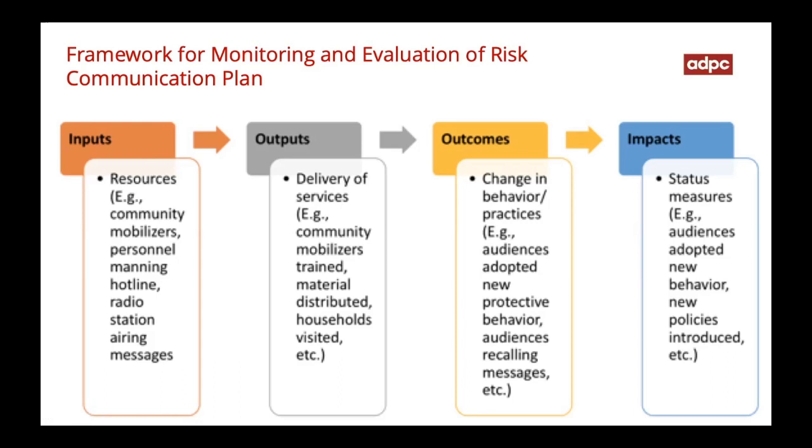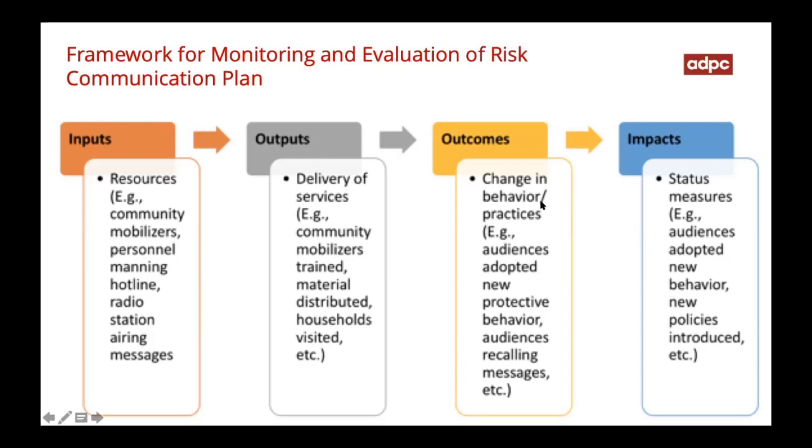Now, this is where I've noticed, not in this course but in my dealings, that when it comes to training or increasing knowledge and capacities or changing behavior, they always put their output as increased knowledge. I will tell you now, increased knowledge, increased awareness, even if it can be measured, falls under outcomes.